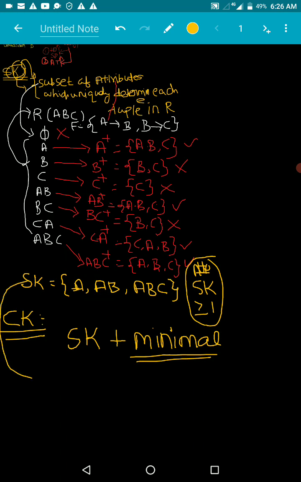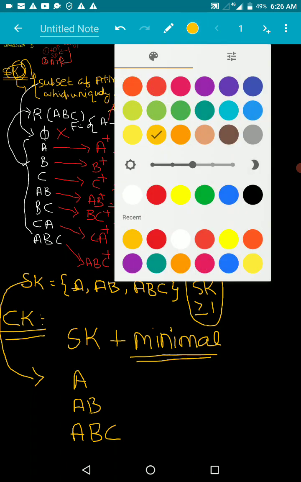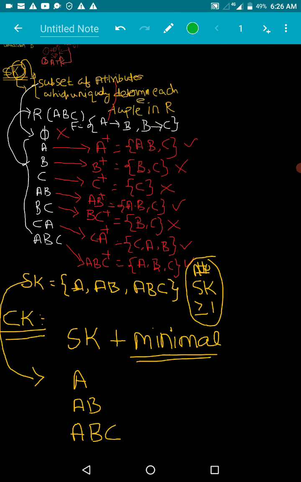Take all the super keys: A, AB, ABC. A, a single attribute, determines all other attributes A, B, C. Therefore, A is a super key as well as a candidate key.